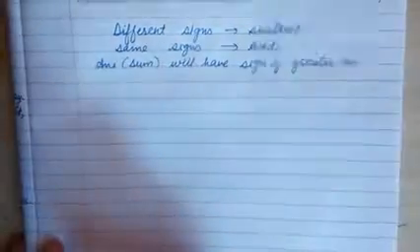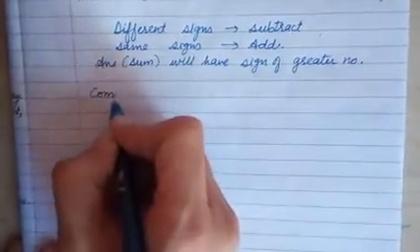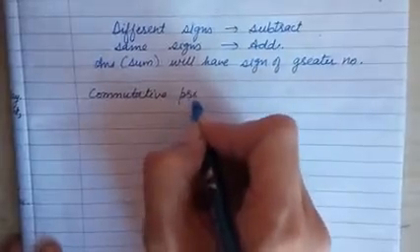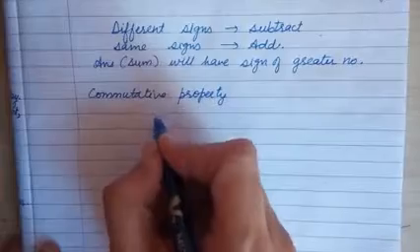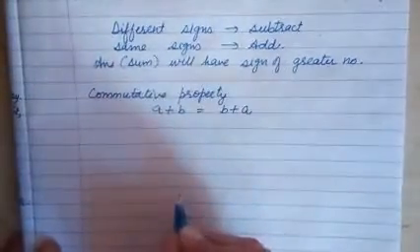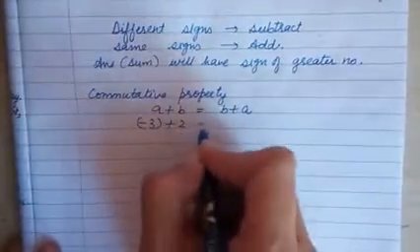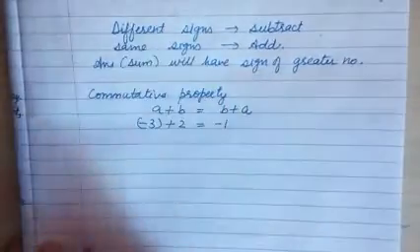Now in this exercise we will use commutative property. Commutative property says that we can add two integers in any order. Suppose for any two integers a and b, a plus b is equal to b plus a. That means minus 3 plus 2, if I am taking example, that is different signs, subtract and sign of greater number.